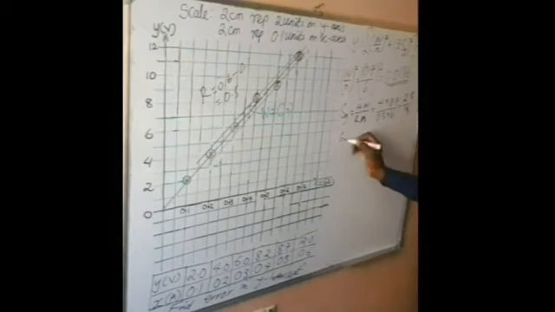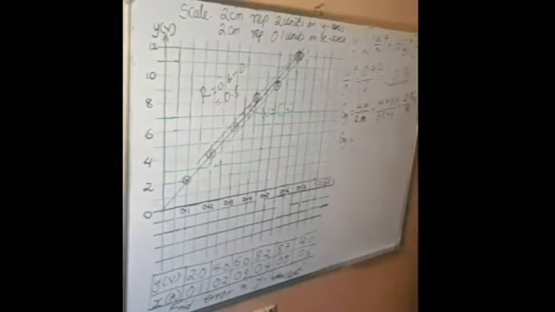Finally, our SG is equal to 2.8 divided by 3, which is approximately 0.93. So this is our SG.